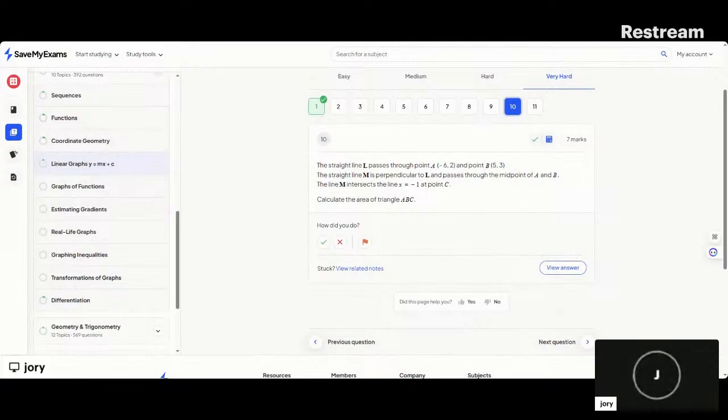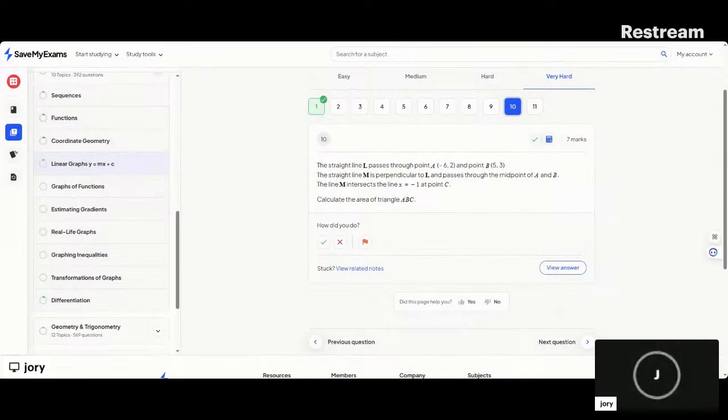Anyways, line L passes through these points. So find... Let's draw this. Line L passes through A and B. Okay, and M is perpendicular.